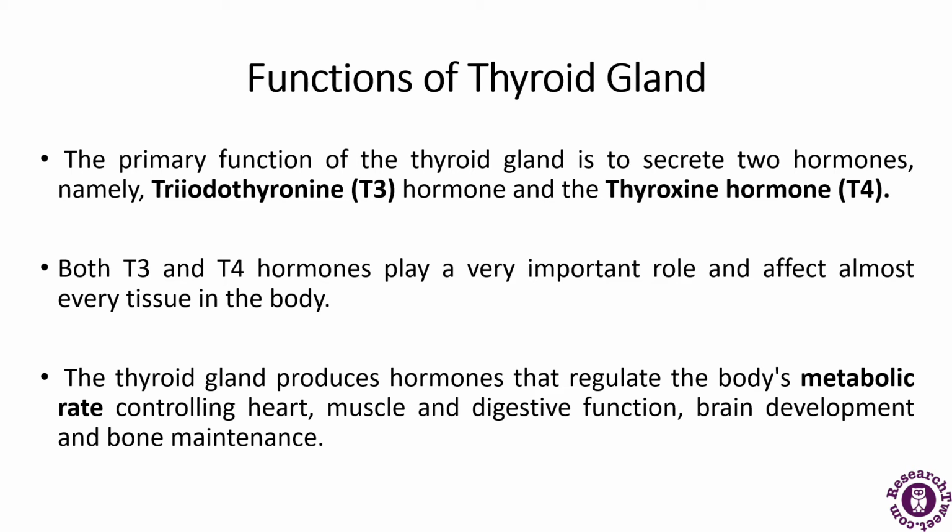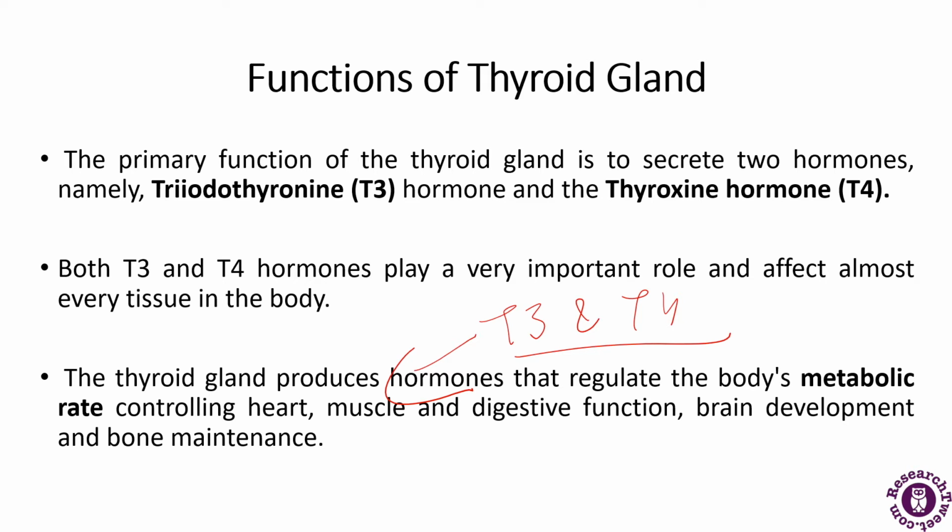The thyroid gland produces hormones that regulate the body's metabolic rate. What are the hormones here? It is the T3 and the T4 hormones that regulate the body's metabolic rate, controlling heart, muscle, and digestive functions, brain development, and bone maintenance as well.